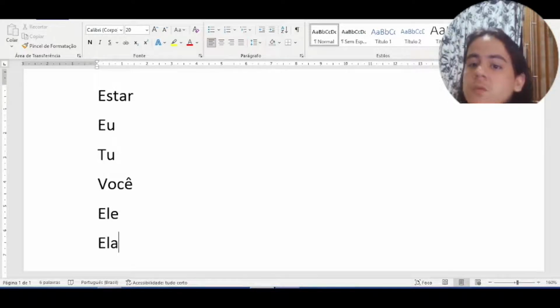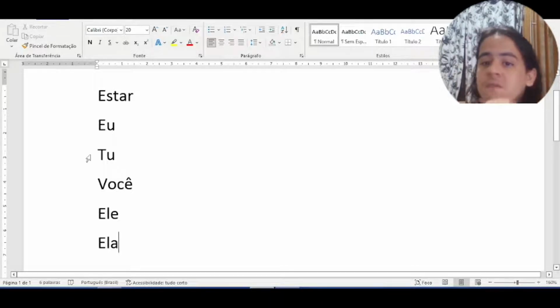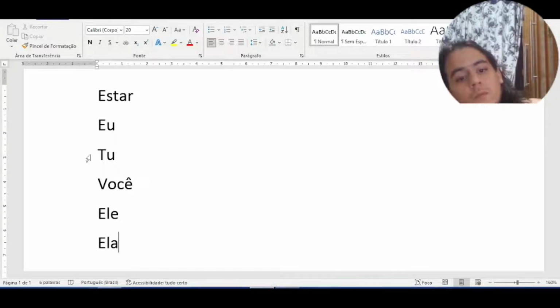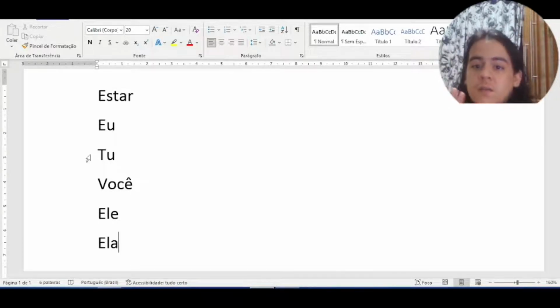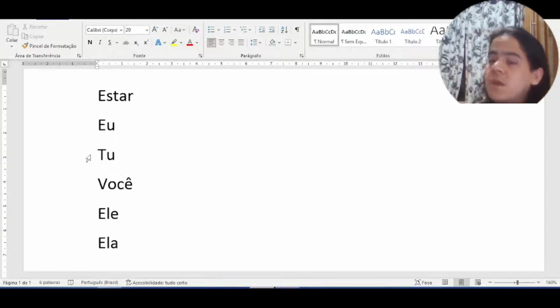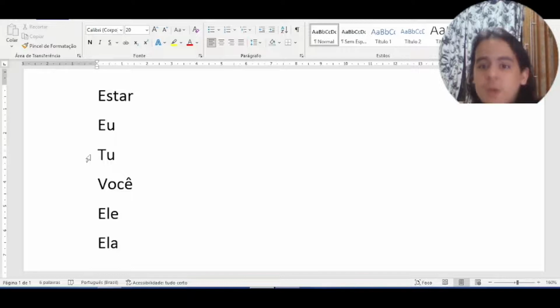Remember, in Portuguese we don't have the pronoun it. We just have ele, he, or ela, she. For objects or animals, we are gonna use ele or ela. It will depend on the gender of the noun, if it's a feminine word or masculine word.